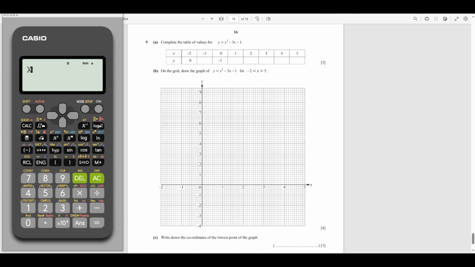And then I'm going to use the CALC button over here, which allows me to set a value on my x. So right now I want my value of x to be -1 because that's what we are interested in right now. So -1, and then I'm going to press equals, and that's where it will tell me that the value of x is fixed, in this case to be -1.